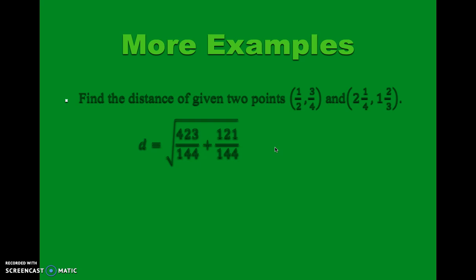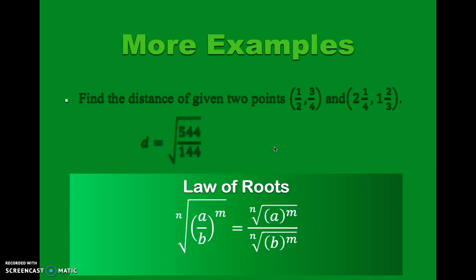We now have a common denominator of 144, so we simply add the numerators, which simplifies to the square root of 562 over 144.